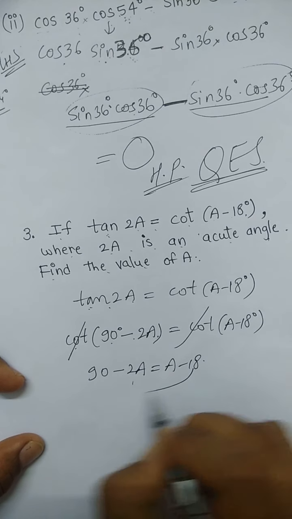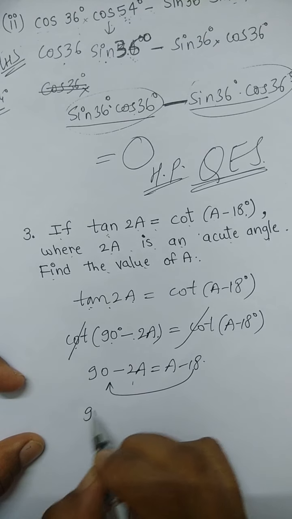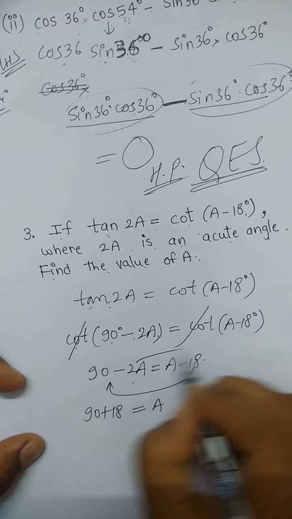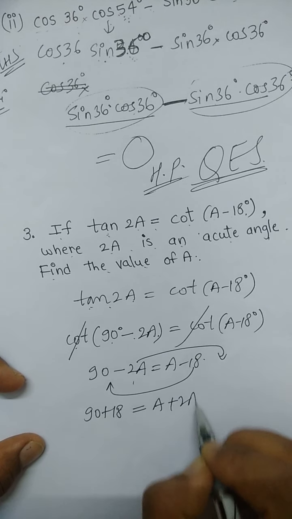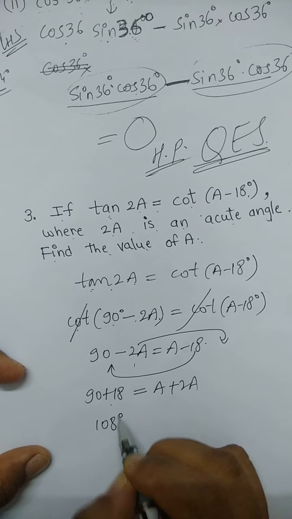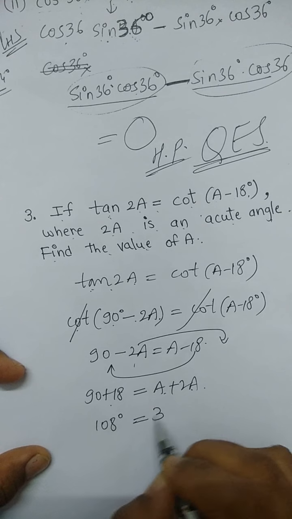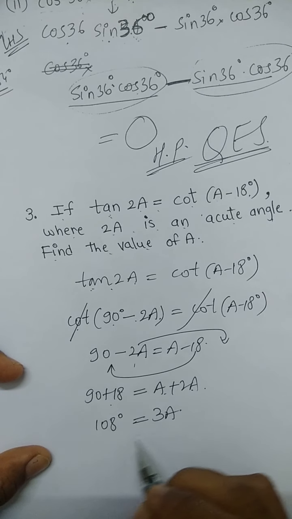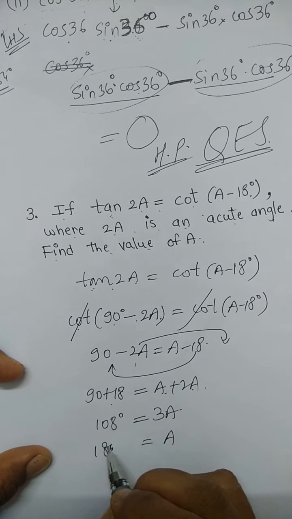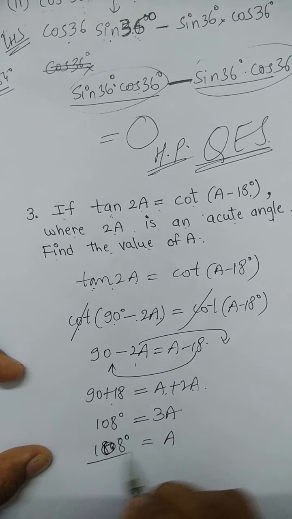Okay, bring this 18 to this side. It will be plus 18. Now 2A will become plus 2A. So 90 plus 18 will be 108 degree. A plus 2A will be 3A. Okay, so A will be equal to 108 degree upon 3.